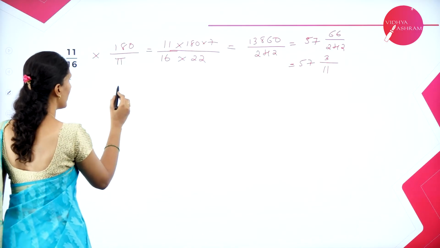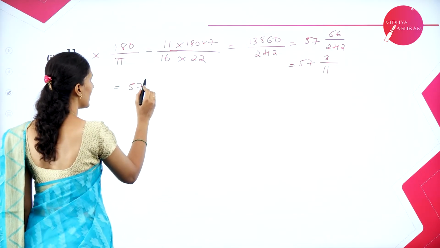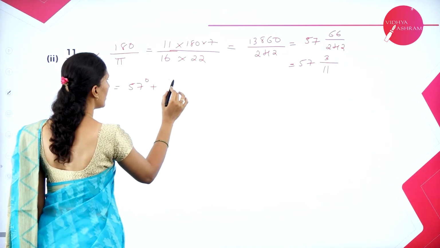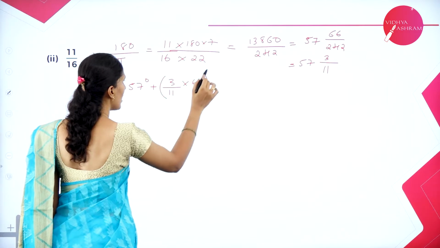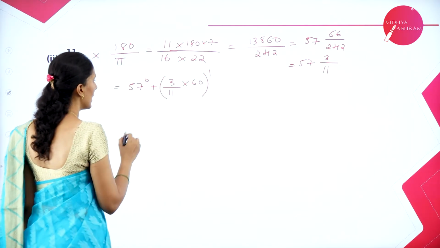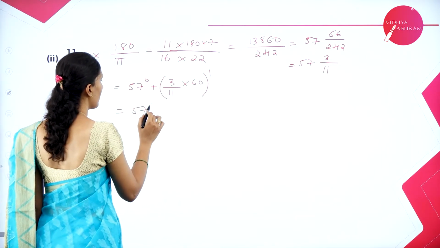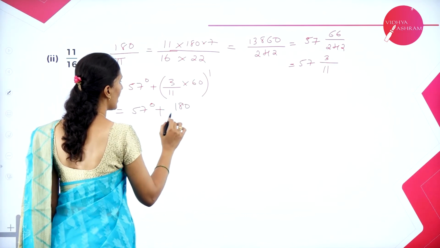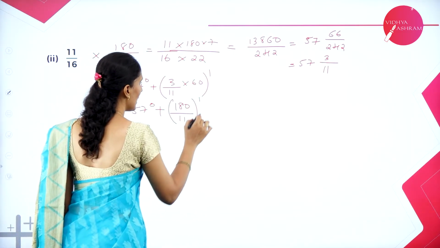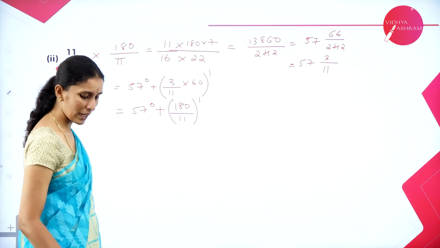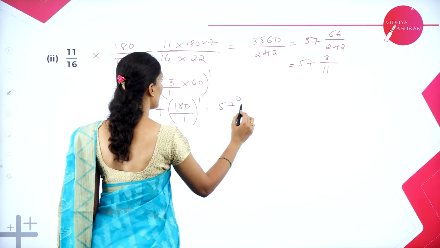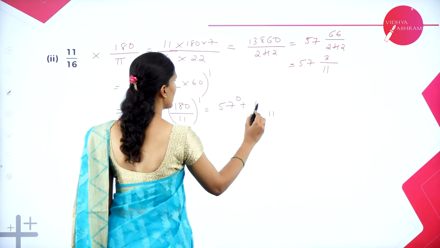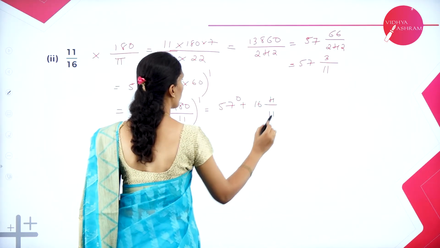So this you can write as 57 degree. Now you can convert 3 by 11 into minutes. So let me convert this now. Again 3 sixes are 18. So you have 57 degree plus 180 by 11 minutes. First let me convert this into a mixed fraction again. So you can write it as 57 degree plus, 11 sixteens are 176, remainder 4.